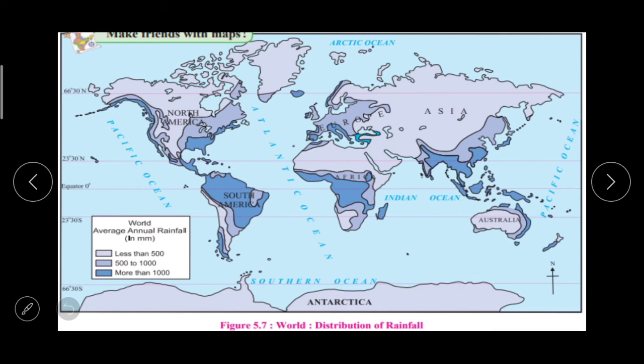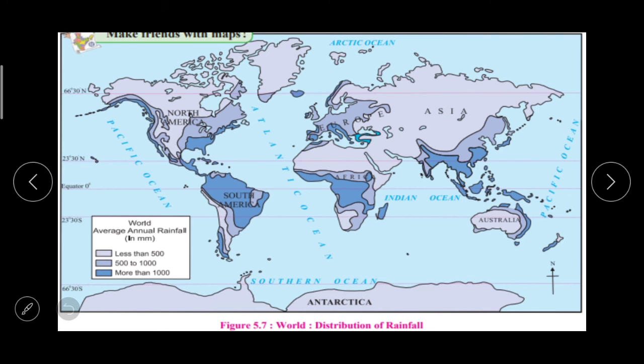Here again, world distribution of rainfall is given and the questions are also there. Which region experiences more rainfall? What is the reason for low rainfall in the central peninsular India? Why does the eastern part of Central African continent get less rainfall than the western part despite its location close to the equator?